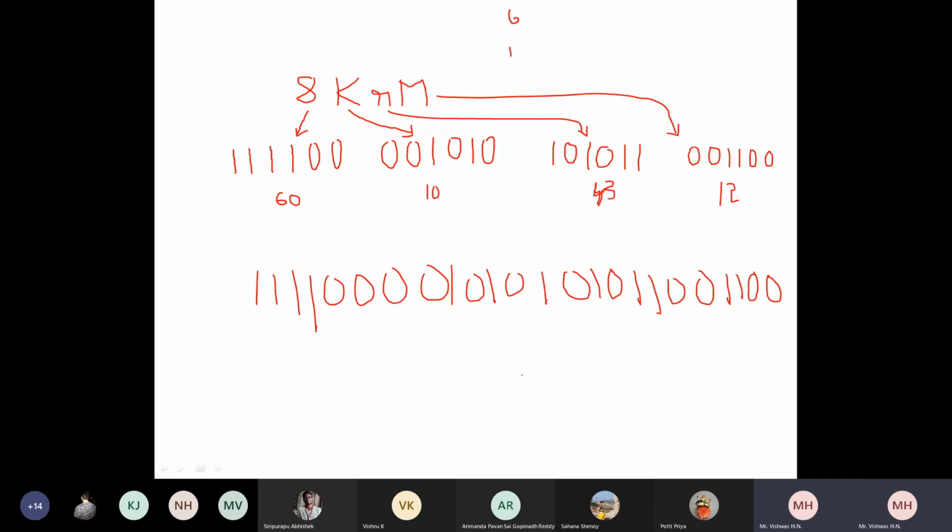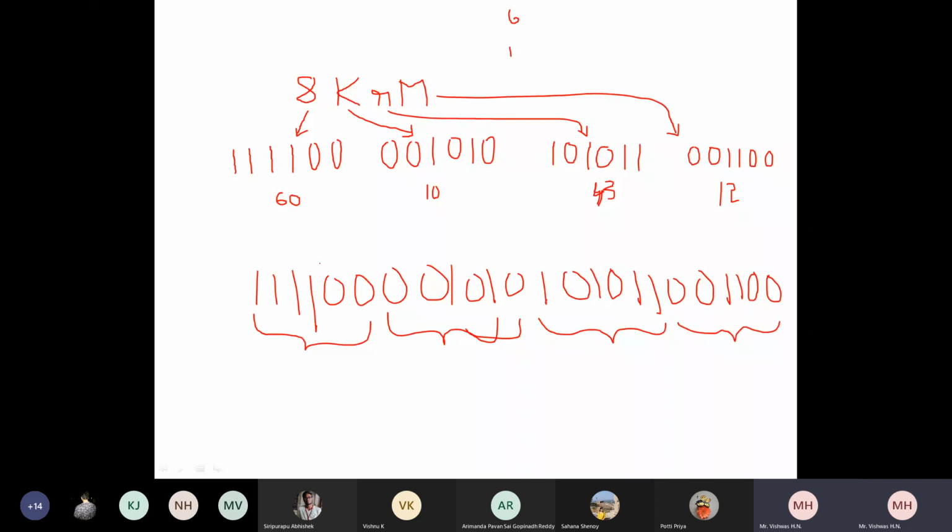But once the mail is received, the receiver should understand it and decrypt it. So what will the receiver do? It's a continuous stream of bits, right? So the receiver will take the first 6 bits, then the next 6 bits, then again the next 6 bits, and finally the next 6 bits.